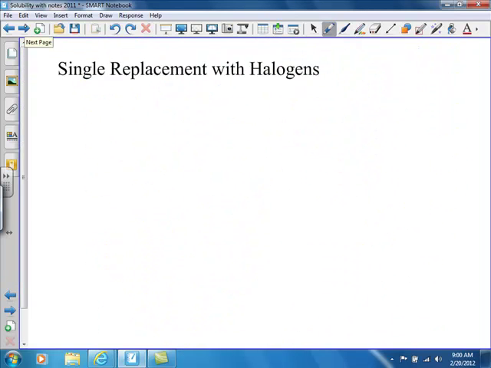Now, the other thing, and I talked about this in the last video, but I just want to reiterate, is single replacement reactions with halogens, and kind of talk about these. Your activity series that you have has the bottom section on it that is all about just halogens.